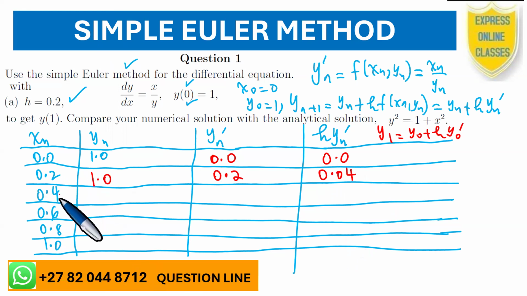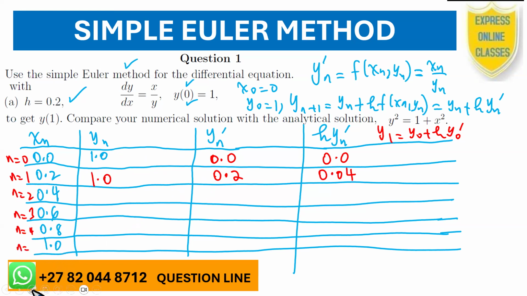The next one, xn, is 0.4. Now, when you need to get the y, so that you remember, this is like n equals 0, n equals 1, n equals 2, n equals 3, n equals 4, n equals 5.